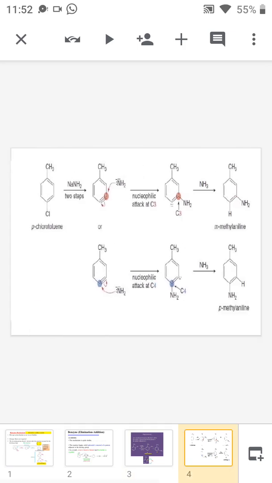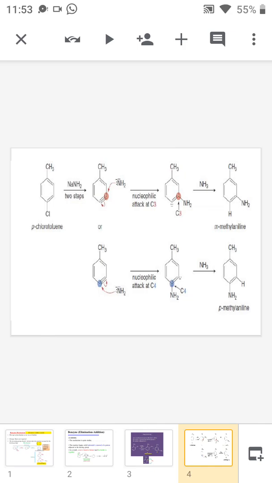Now we are moving into another example, that is para-chlorotoluene. In para-chlorotoluene, the methyl group, an electron donating group, is para to the leaving group chlorine. So the first step is the attack of the strong base, which will pick out the strongly acidic hydrogen in the ring.